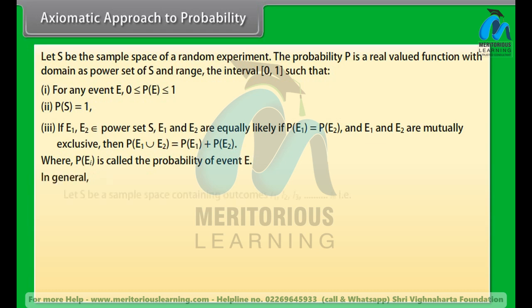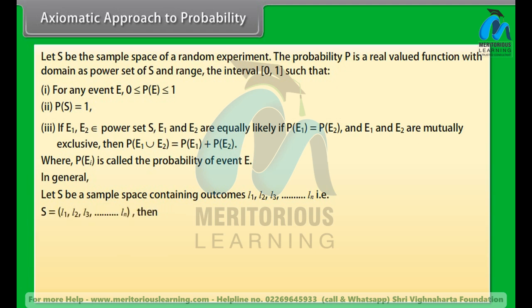In general, let S be a sample space containing outcomes L1, L2, L3 up to Ln, that is, S is equal to {L1, L2, L3, ..., Ln}.